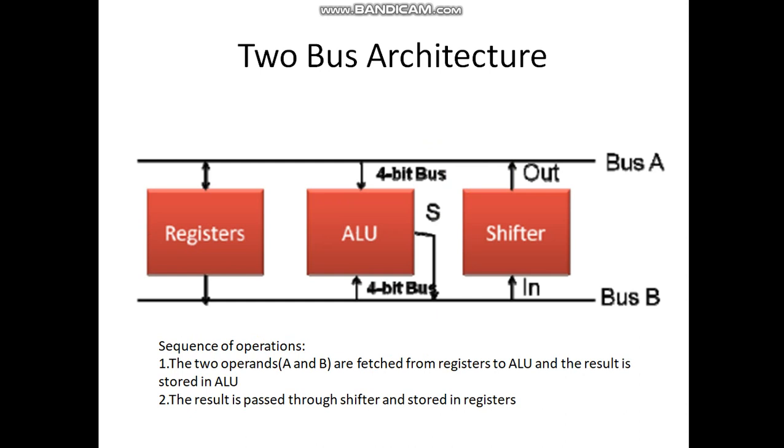For the next clock pulse, the bits are shifted and it is stored in the register. So for the same example, we can say in one bus architecture, we need 3 clock pulses to carry out the desired task, whereas in 2 bus architecture, just 2 clock pulses are sufficient to perform the same operation.